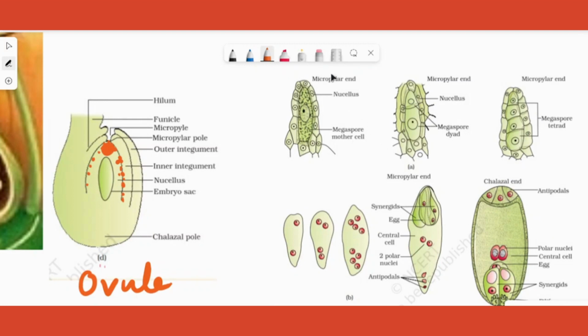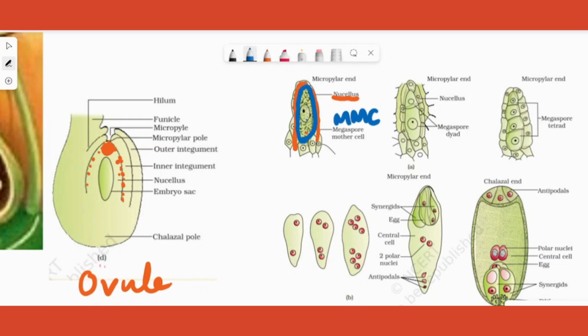Same way here also, from the megaspore mother cell. Where is it? This point, from this side of the nucellus. One particular cell is going to get differentiated and enlarged, and this cell is our MMC.